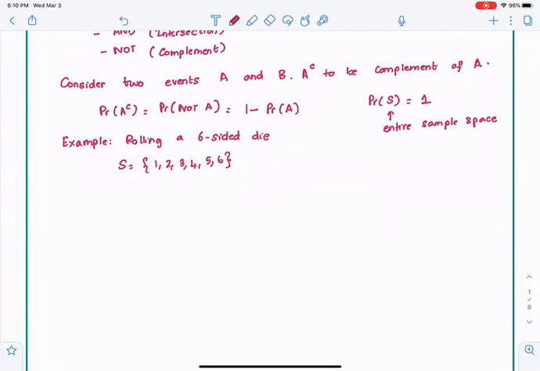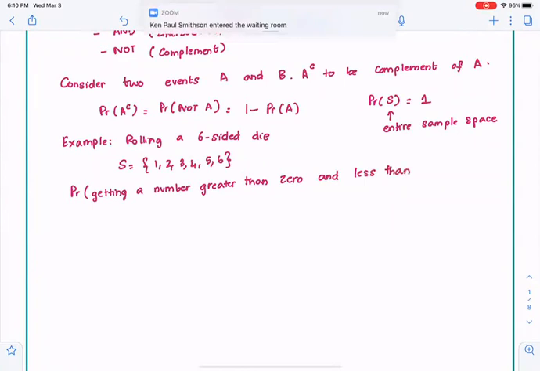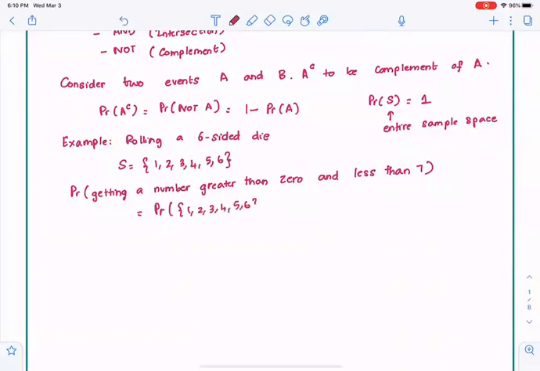And if I define an event, getting a number greater than 0 and less than 7, this would mean the possible outcomes for that event are 1, 2, 3, 4, 5, and 6.